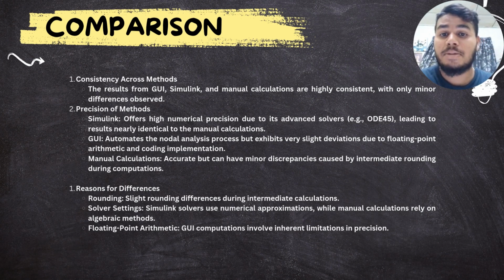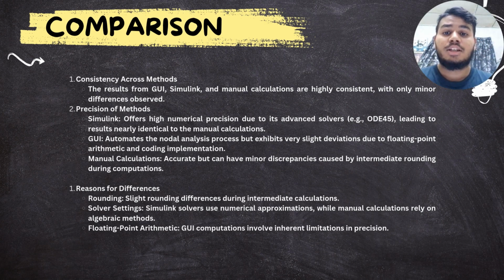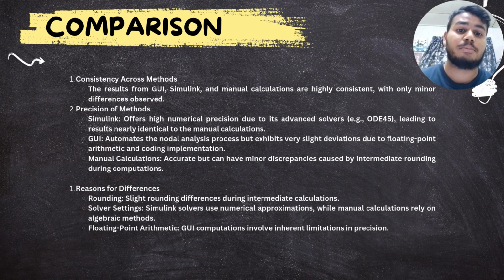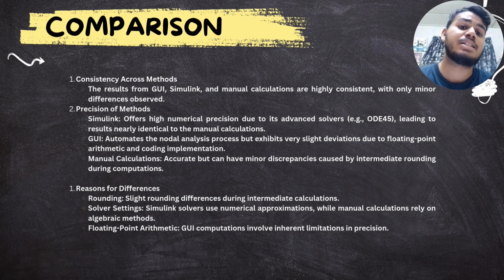The second is the precision of the method. In Simulink, they are using an advanced solver, so its decimal precision should be more than the GUI, and the GUI is an automated nodal analysis. The second thing is that we implemented some coding, and the coding methods use two or three decimal answers.